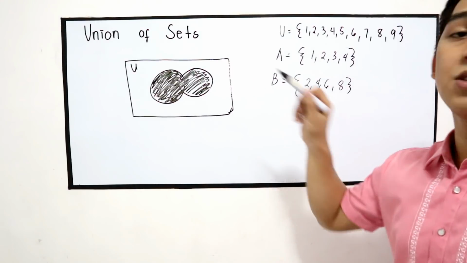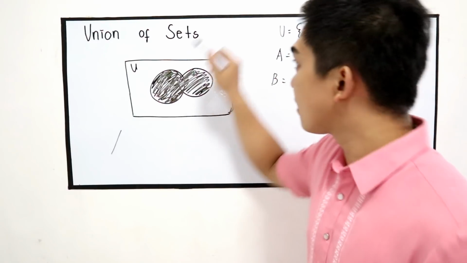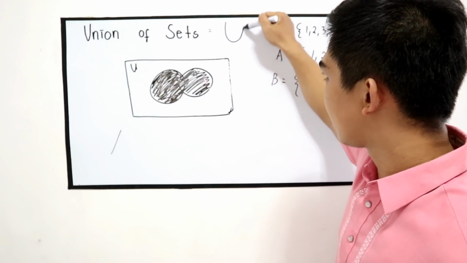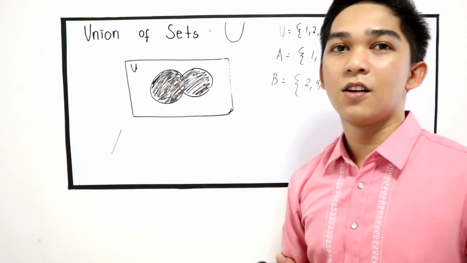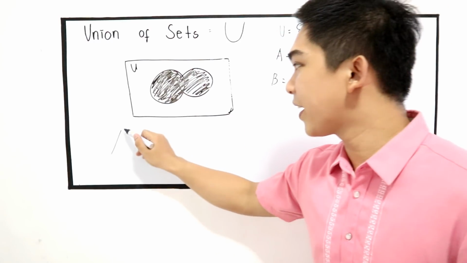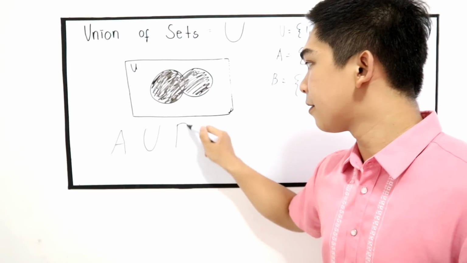In our union set, it is denoted by the symbol, the curve symbol that opens upward, and that is read as A union B.